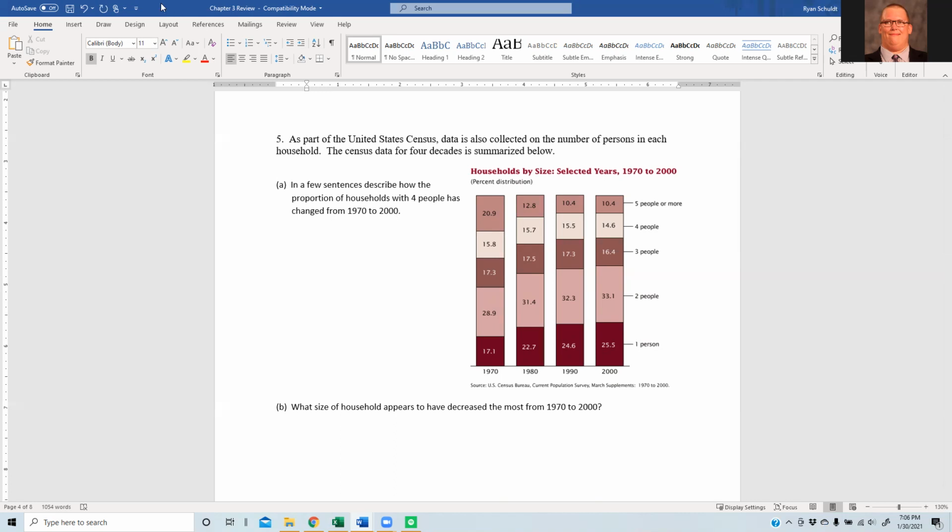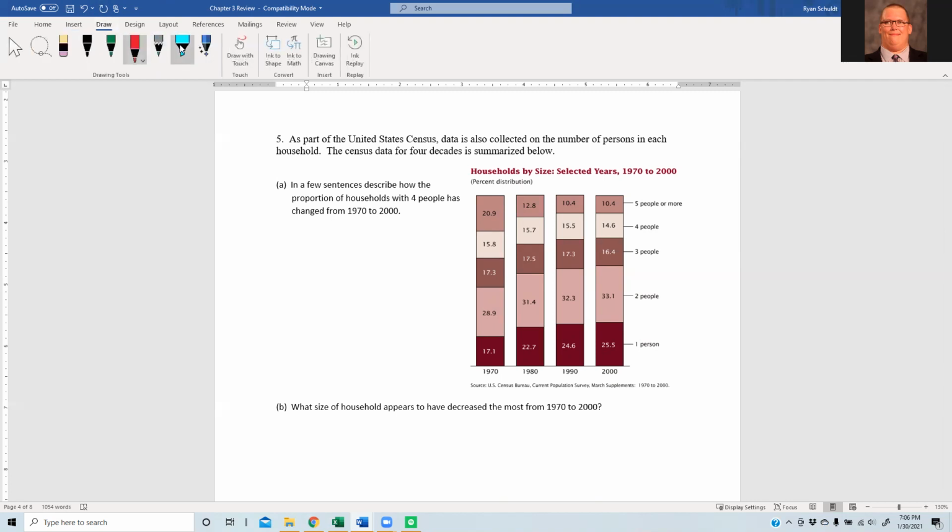Okay, let's look at the ones that have 4 people. So 4 people are these kind of 10. Well, now I'm highlighting them in blue. So what do we notice? They're slowly decreasing, but they didn't decrease much.